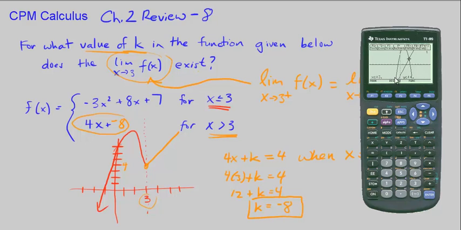At x equal to 3, if you go from the left, it's defined as a parabola. We get the same limit, it approaches positive 4. Now looking at the other piece of the function defined from the right, it's also defined to be 4. So this is the only value for k that makes the limit exist as x approaches 3.